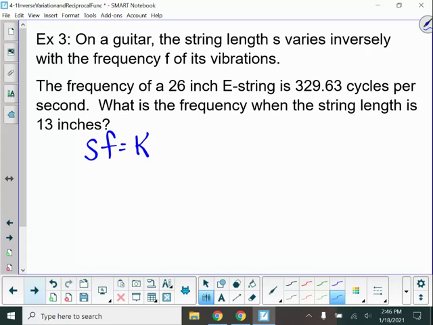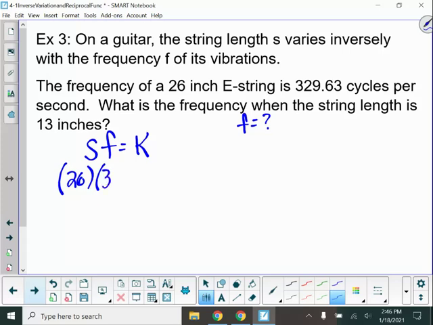So I have to find my K. Notice this one doesn't actually ask for an equation, but I am going to come up with one to allow me to answer the question of what the frequency is. Frequency is going to be an F, so I'm trying to solve for an F here. It tells me for this first part, the frequency of a 26-inch, so 26 inch is going to be my string length.